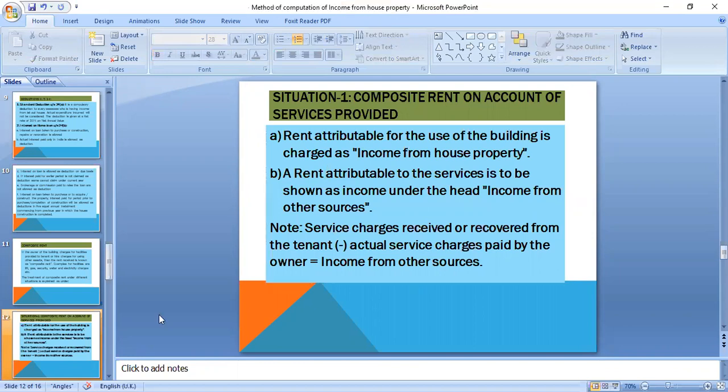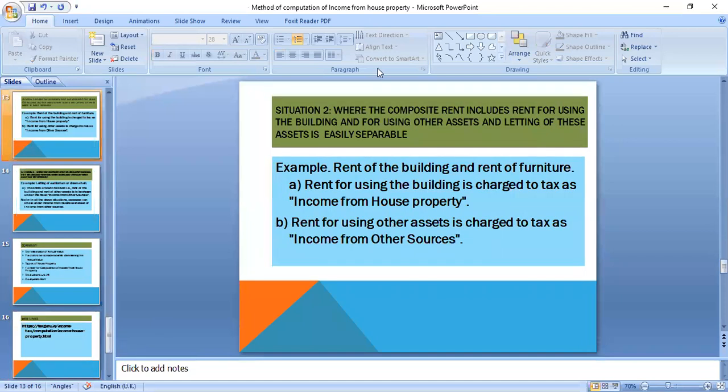Then the second situation is where the composite rent includes rent for using the building and for using other assets, and the letting of these assets is easily separable. Suppose we can separate how much you are charging for rent of the building and how much for the rent of furniture.